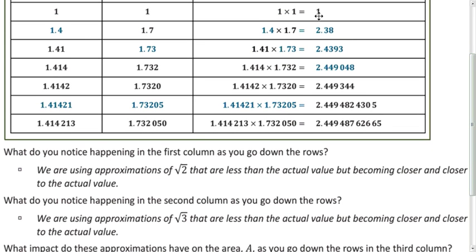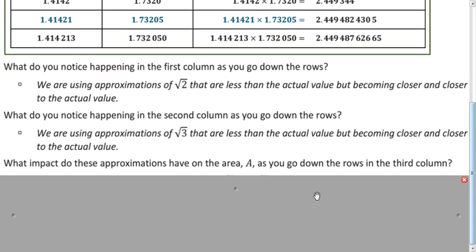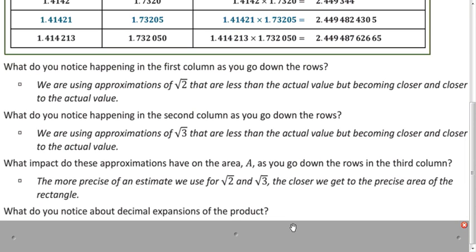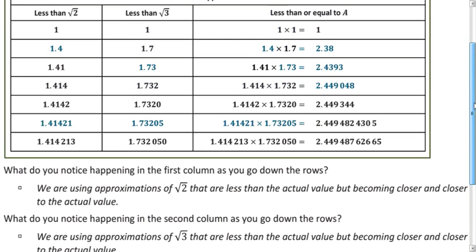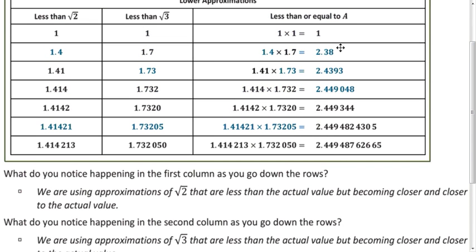What happens to the area? Well, we started off with 1, then we got 2.38, 2.4393, etc. Well, it's getting more and more precise, right? Getting closer to what we're looking for. And so what do you notice about the decimal expansions over here? What do you notice about these numbers in the products? What's special?